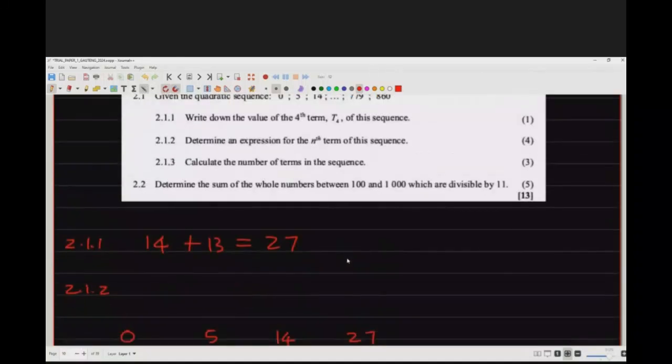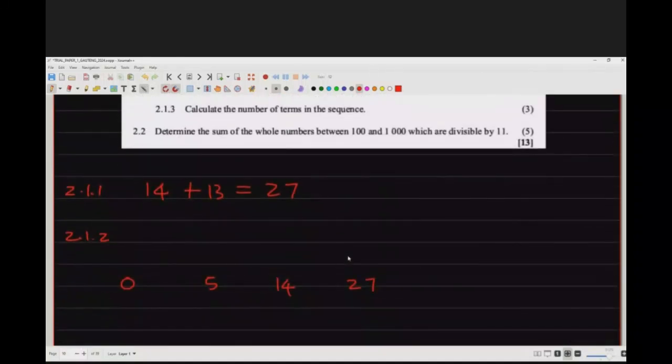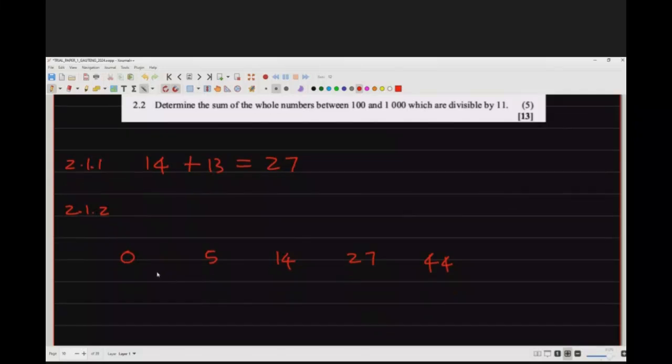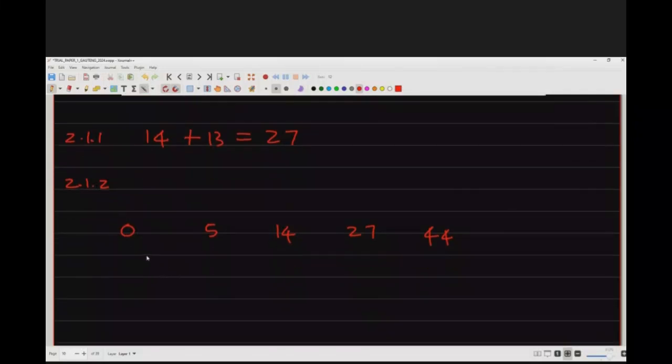So from 14 to 27, and then from 27 to 44. This is a difference of 5. This is a difference of 9. This is a difference of 13.